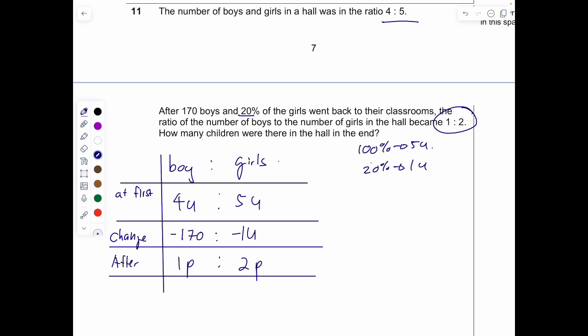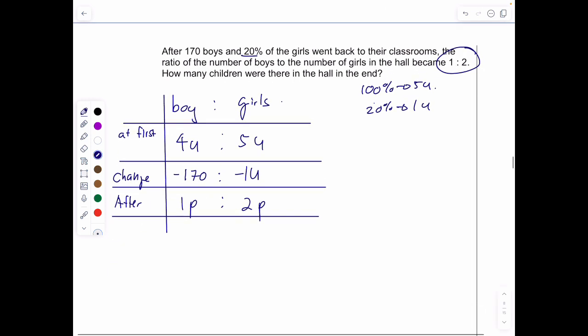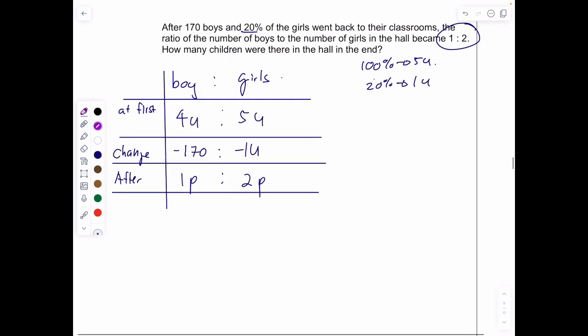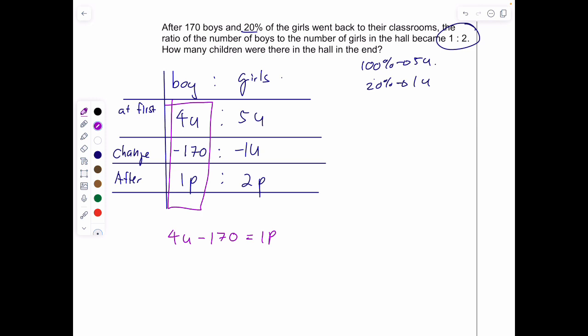And now we can actually form our 2 equations using this over here. So our first equation will be 4u minus 170 equals to 1 part. Okay, so this is our first equation.